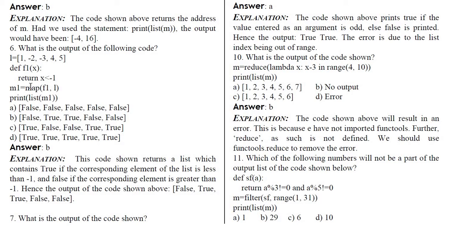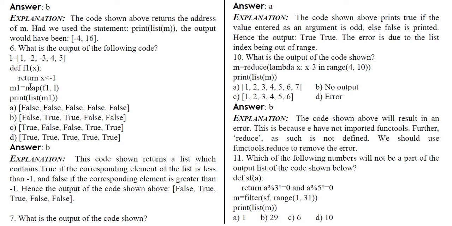If we see here in this example, we are using ml is equal to map(f1, l). So the map function executes a specified function for each item in an iterable. Fine.